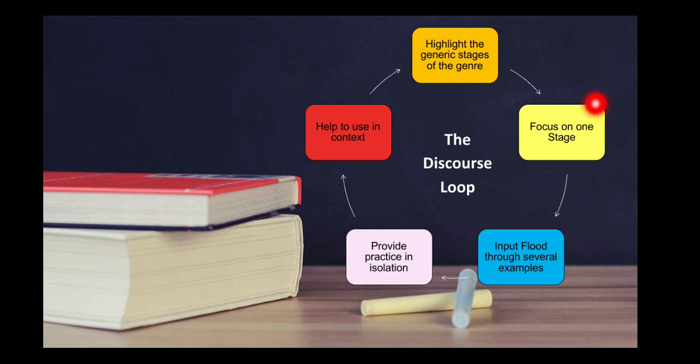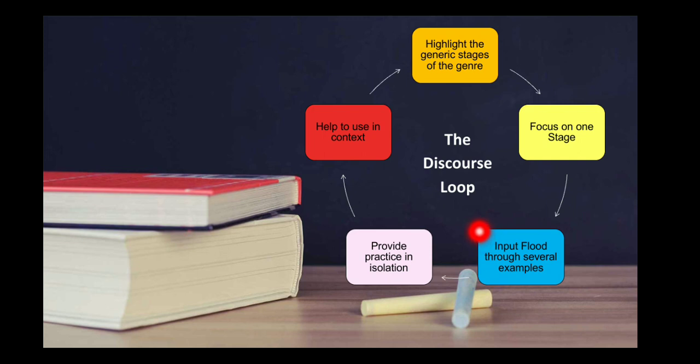The stories can begin with a dialogue, with a description, with some action, or with a flashback. So you focus on one stage and then you help the children work through it, practice writing that particular stage of the text.